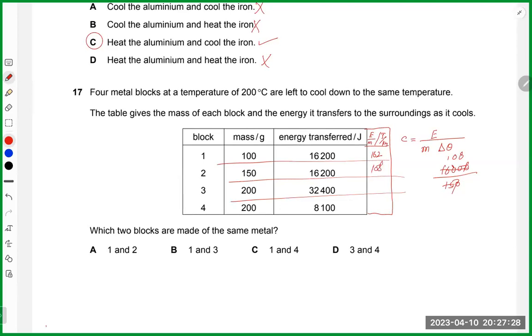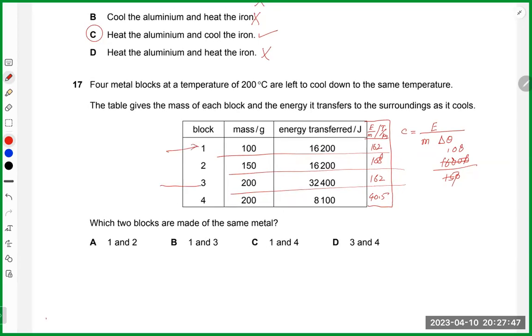So 108, 162, and 40.5. Now, which two have the same specific heat capacity? 1 and 3. So 1 and 3 are made of the same material, because the same material will have the same specific heat capacity.